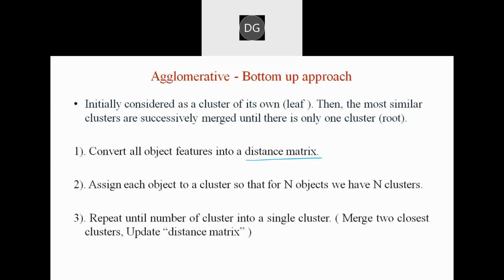This process is repeated until all clusters are merged into one single cluster. At a time two points are merged, and once two points are merged, that pair is merged with another new point. Like that it performs the merging.